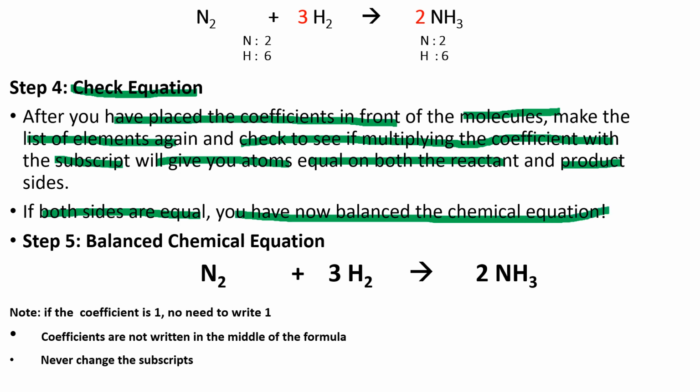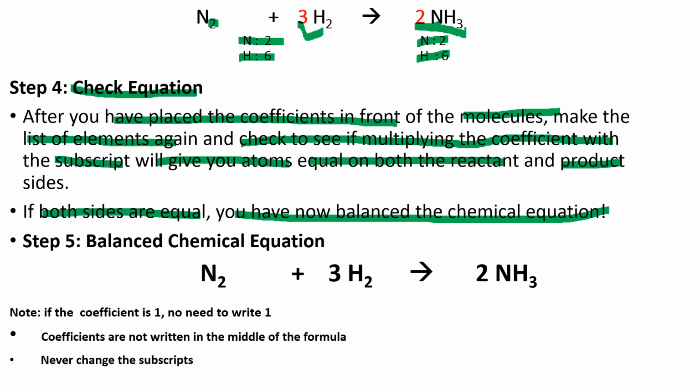So here it is. Let us list it again. N is 2. So 3 times 2 is 6, right? So hydrogen is 6. On the product, 1 times 2 nitrogen, so nitrogen is 2. And 2 times 3 hydrogen is equal to 6 hydrogen.